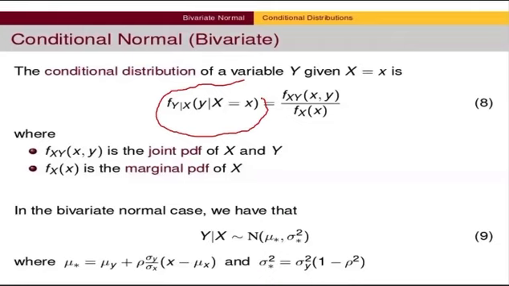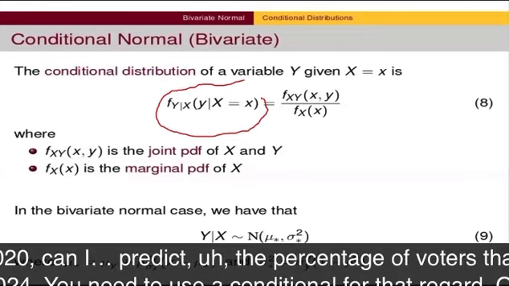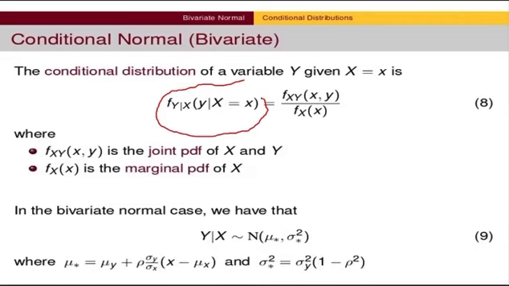Oh, I know the percentage of voters that voted for a particular party in 2020. Can I predict the percentage of voters that will vote for that same party in 2024? You need to use a conditional for that. Or, I know the weight of my patient and I want to figure out the height. I will use a conditional distribution for that.